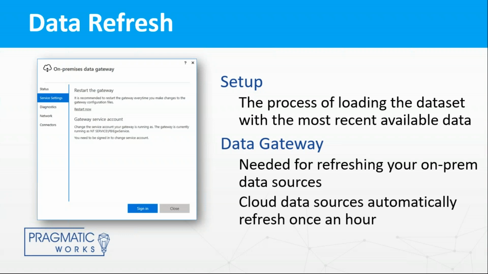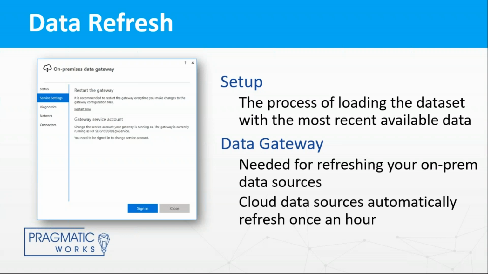The data gateway, again, is in charge of bringing data out of your on-premises data sources and bringing it into the cloud service. The data gateway is something that you'll install somewhere on your network, ideally not on your personal laptop or anyone's personal laptop. The reason for that is because the data gateway has to be turned on, ready to go whenever your scheduled data refreshes occur.